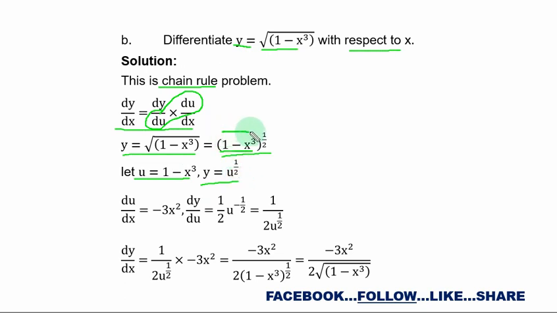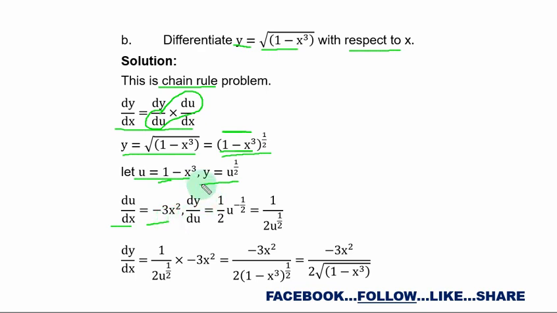You replace this term with u. So we get du/ds. Differentiate u with respect to s. Differentiating 1 is 0 because it's a constant. If you differentiate minus s cubed using the power rule of differentiation, you have minus 3s squared.